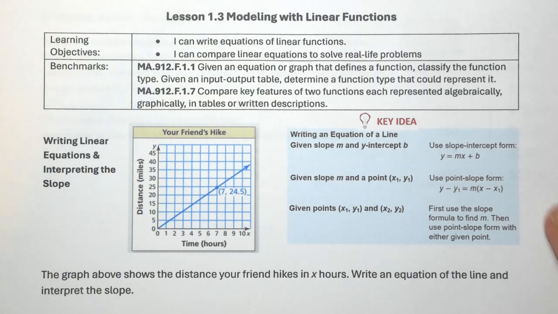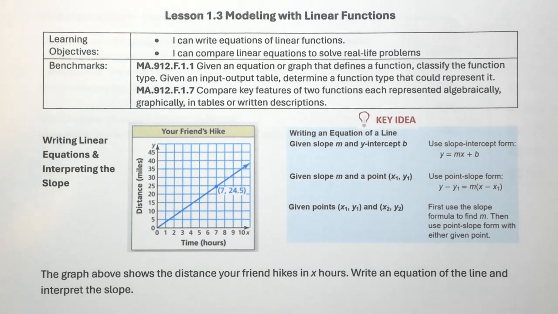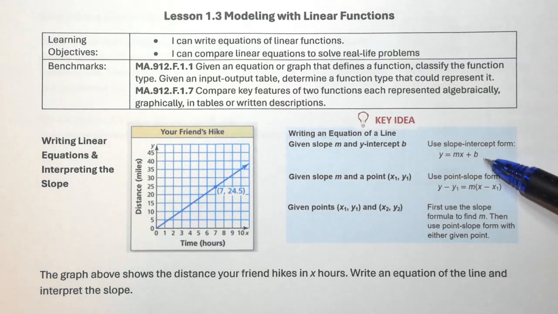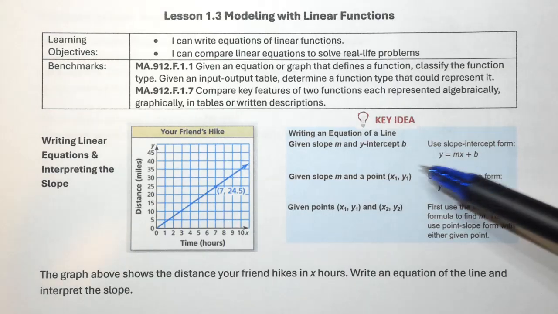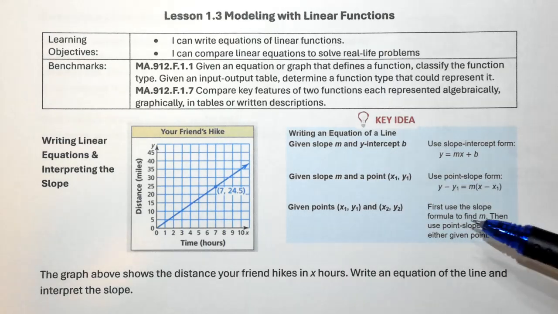Also, I want you to notice right here the key idea. These are all review. If you have an equation in the form of y equals mx plus b, that's slope-intercept form. We sometimes may need to use point-slope form, so maybe we know the slope and we know a point, we would use this one. Typically you would use this one when you know the slope and the y-intercept.